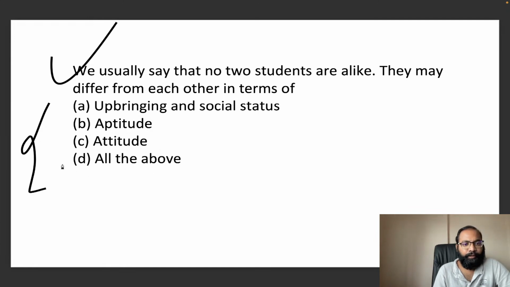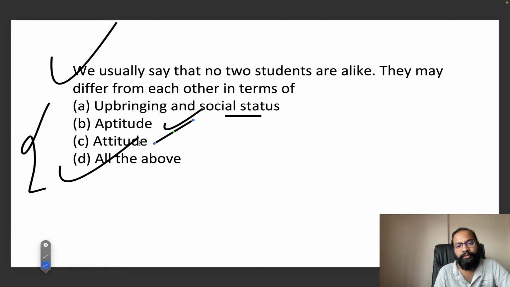Here we can take option D as the correct answer, all of them. From upbringing and social status point of view, the two students are different. Aptitude means some kind of talent; from that point of view, the two students are different. From attitude point of view, the two students are different. So all of the above is the correct answer.